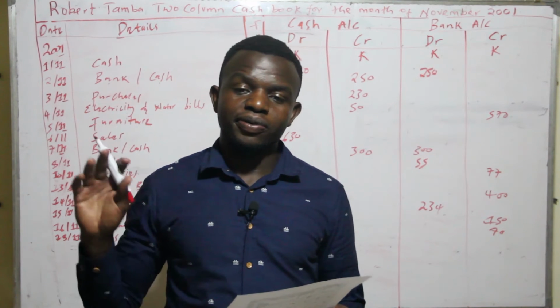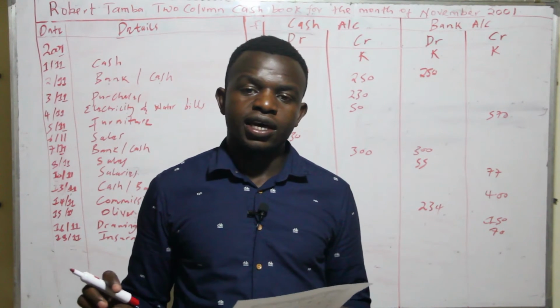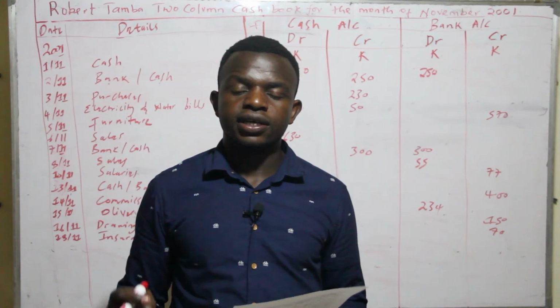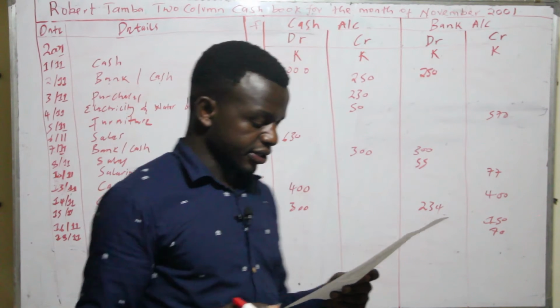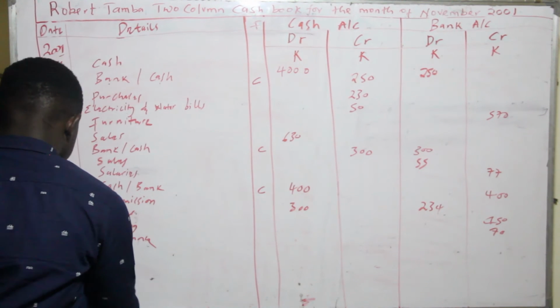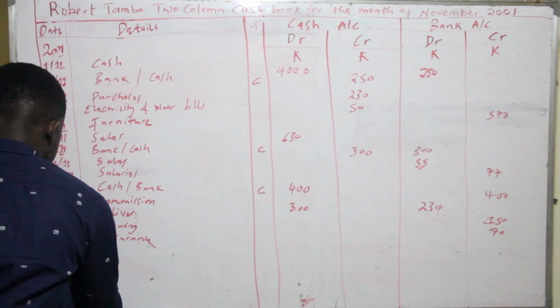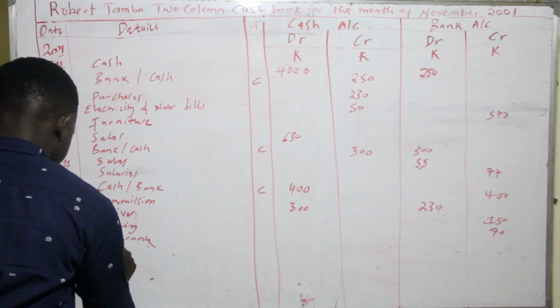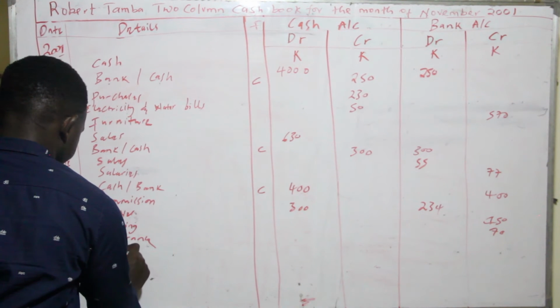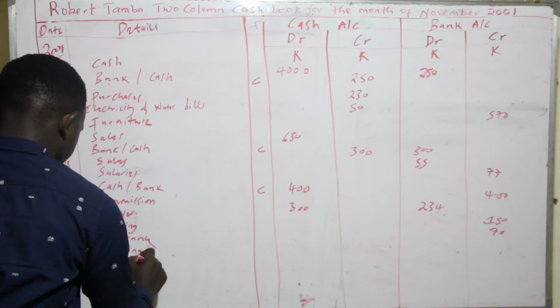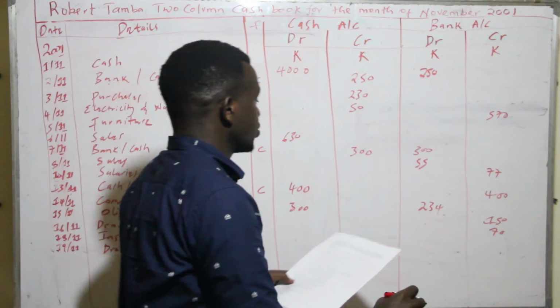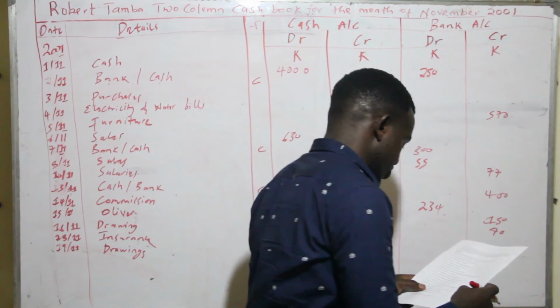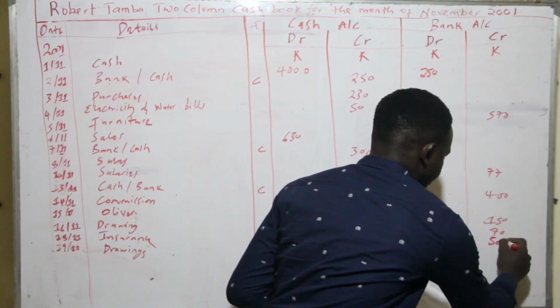Since money is taken from the business for personal use, that means that we're going to credit the bank account. So we have 19th of November, we'll say drawings, and we're going to credit that amount, so 500 kwacha.